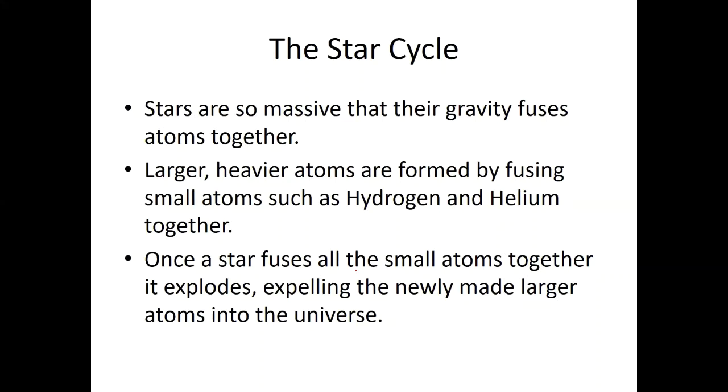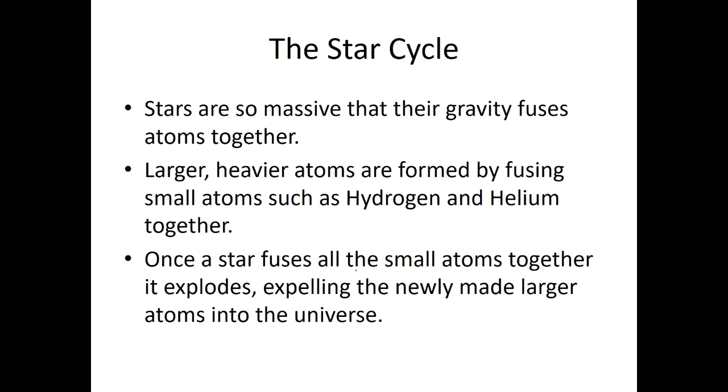And as it implodes and it shrinks, the pressure inside increases dramatically. And it increases to the point where now larger atoms are able to be fused together. And in this relatively short period of time in the stellar cycle, as the star is collapsing, larger elements are formed through nuclear fusion. So all the larger elements in the universe, everything from lithium to uranium, are forged in this time as the star is collapsing.